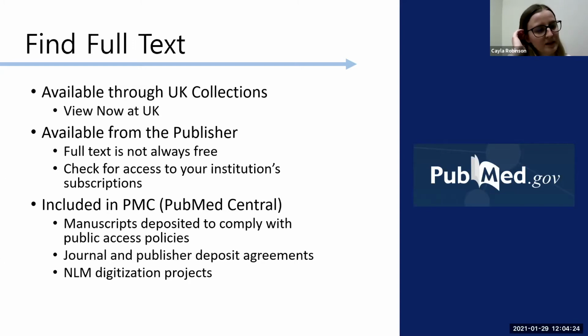Also, there are articles from PubMed Central. Those are manuscripts deposited to comply with public access policies, deposit agreements, digitization projects. Those are all the kinds of things you're going to find in PubMed Central. And if UK has access to it, you will be able to read the full text, as I mentioned.